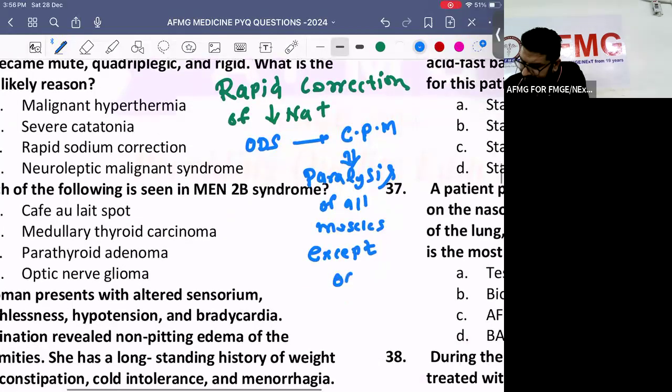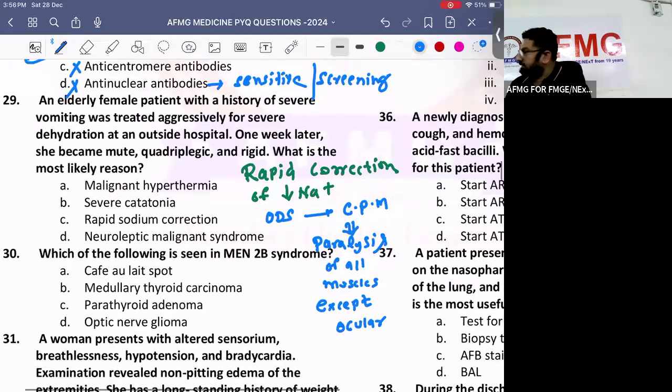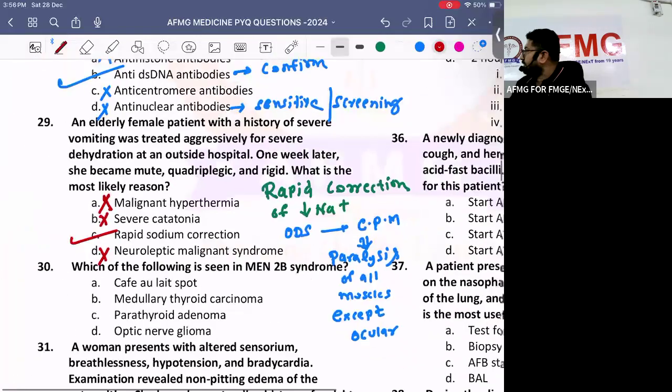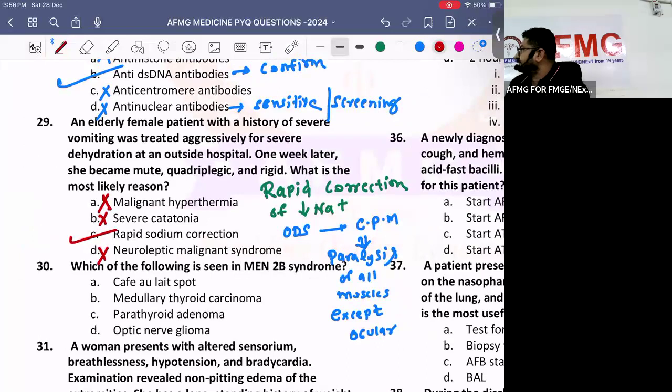Except ocular muscles. तो क्या होगा आंसर? Is it malignant hyperthermia? Is it catatonia? No. So it is rapid sodium correction. Osmotic demyelination syndrome or central pontine myelinolysis due to rapid correction of sodium.